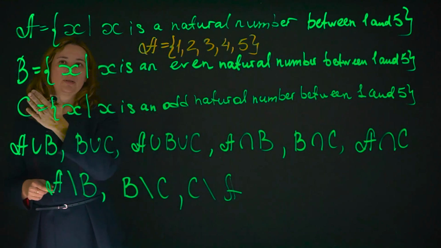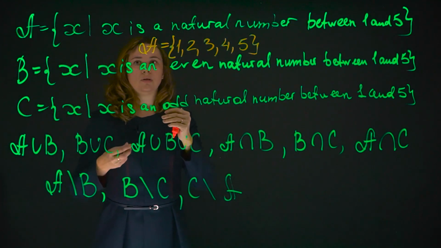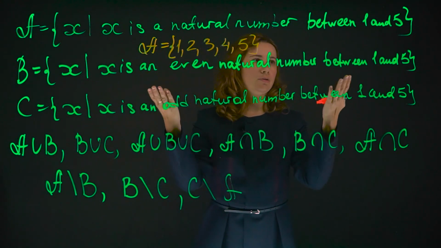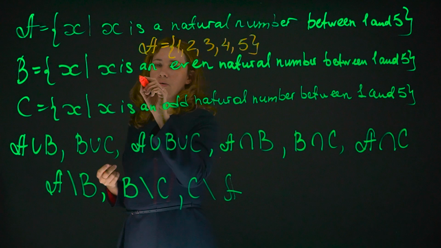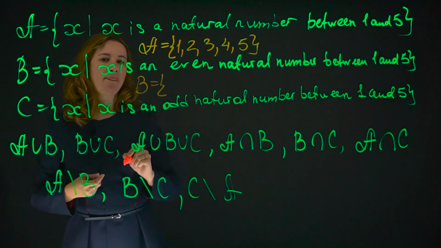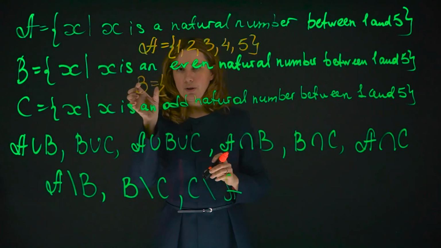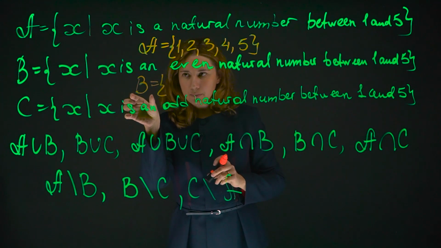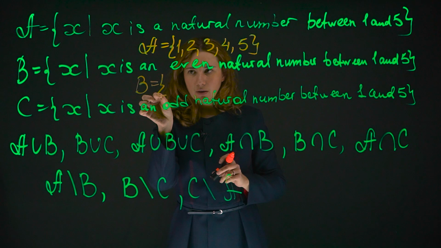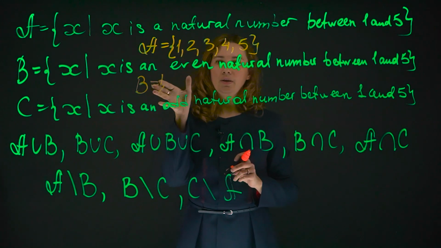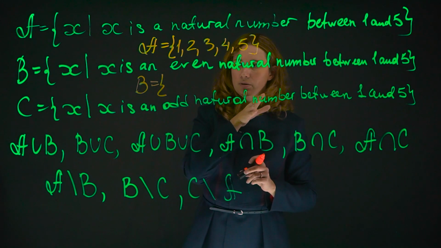Our set B includes all even natural numbers between 1 and 5. So for B, we need to write the letter B, then put the equality sign, then write the opening curly bracket, and then list our elements.